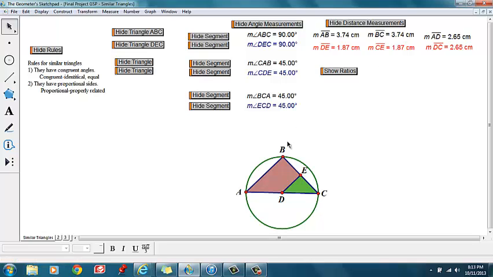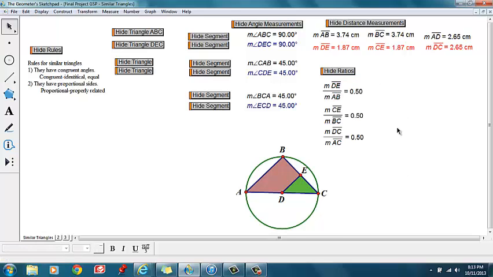Now AD, this part right here, and DC are both 2.65. If we add those together, the result is 5.30. Is that proportionally related? Well, if AD is 2.65 and DC is 2.65 and D is in between A and C, then they are proportionally related. So, have we met our second rule? Yes.